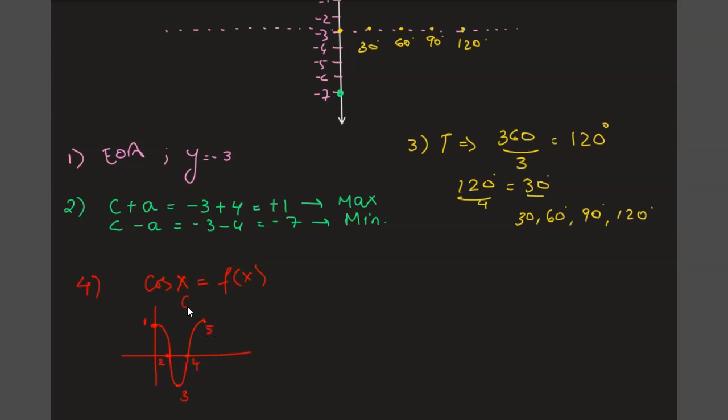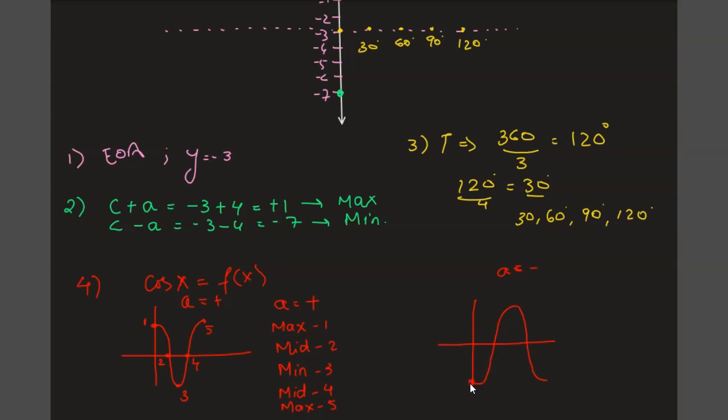This is when your a is positive. So when a is positive, in the cosine function we would have the first point as the max point, the second point as the midpoint, the third point as the min point, the fourth point as the midpoint again, and the fifth point as the max point. Similarly, if we have a cosine function where a is negative, because negative a means the graph reflects over the x-axis, this is how the graph is going to look.